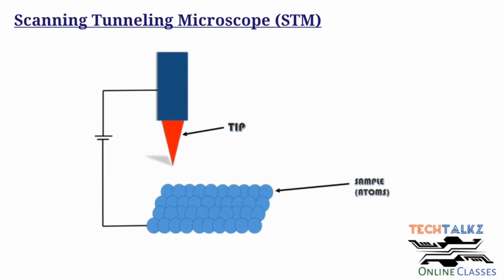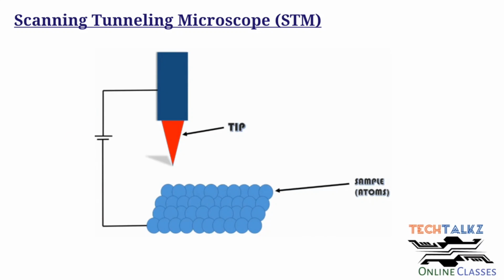Now we can check the working principle. In STM, there is an extremely sharp metal tip with very high conductance, and this is the sample to be scanned. The sample and the probe are connected across a voltage source.